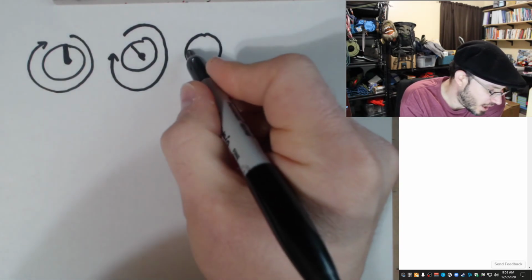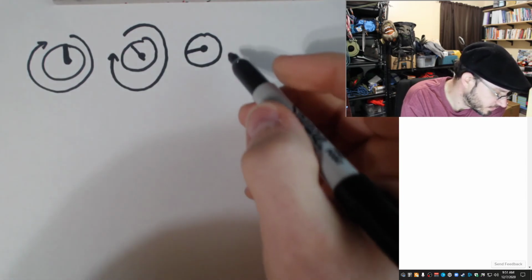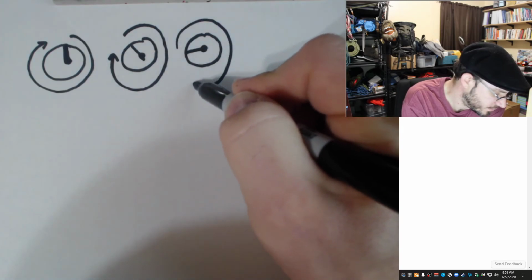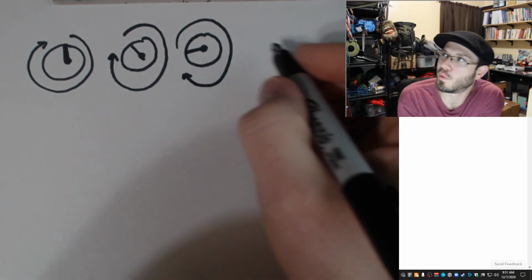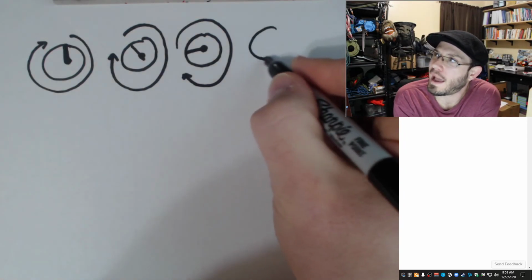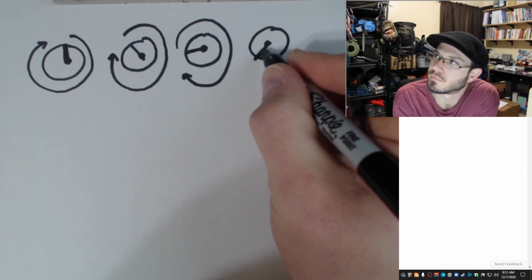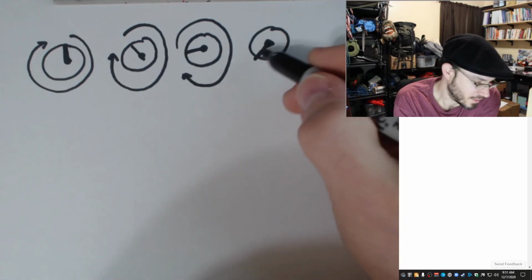The next time your eyes take a picture, it's now over here. Again, it's going to do almost one full rotation, but not quite. You see where I'm going with this, right?